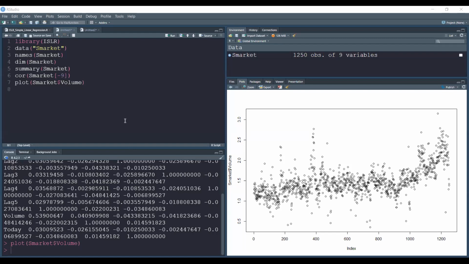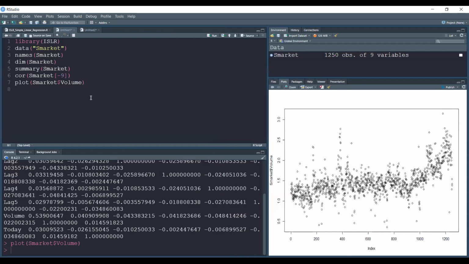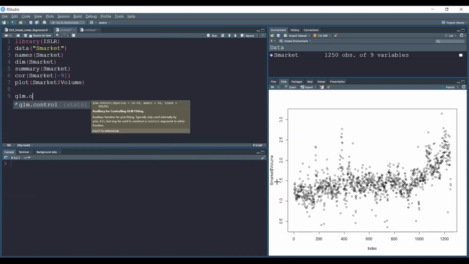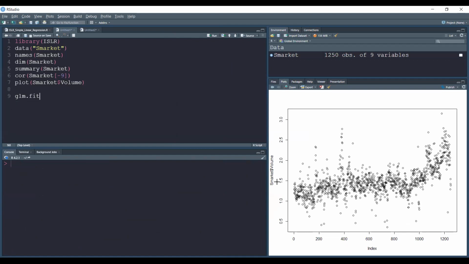So did I stop sharing? Sorry about that. What are we going to type over here? We're going to write, let's just give it a name. And the book calls it GLM fit, but this is just a name. If you give it a name, you're saving the object under this name.